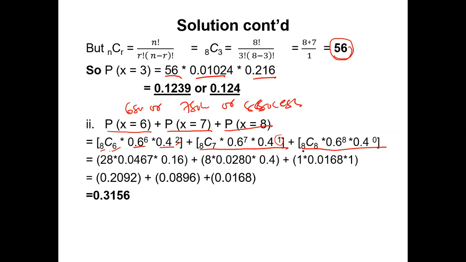Then when x is 8, n is 8 and x is 8, so we have 8 combination 8, times 0.6 raised to the power 8, times 0.4 raised to the power 8 minus 8, that will be 0. So once we take our calculators and punch them, we should arrive at a final answer of 0.3156.